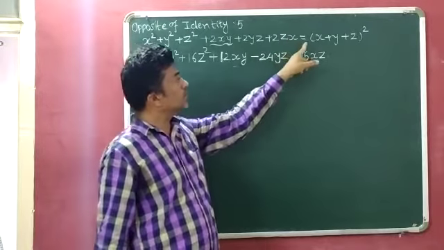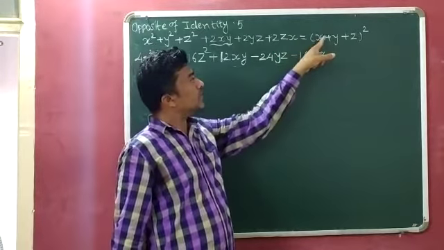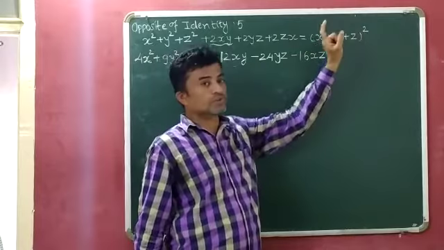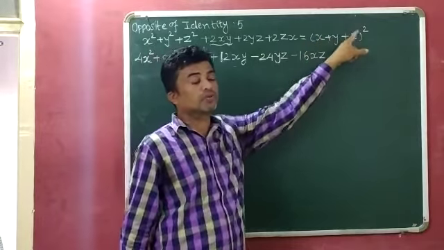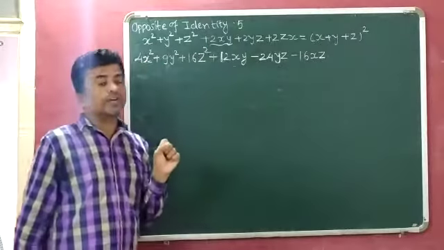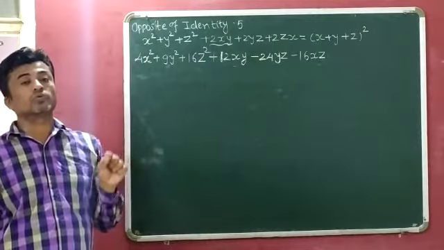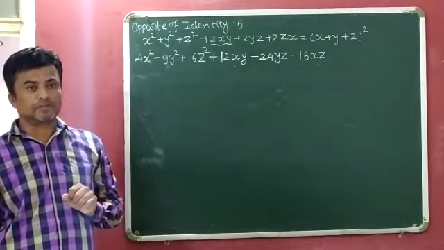Then we can write it as x plus y plus z whole square, or first term plus second term plus third term whole square. Now how can we use this identity to solve questions? This I can explain to you.